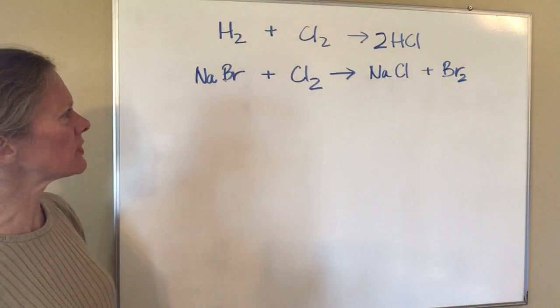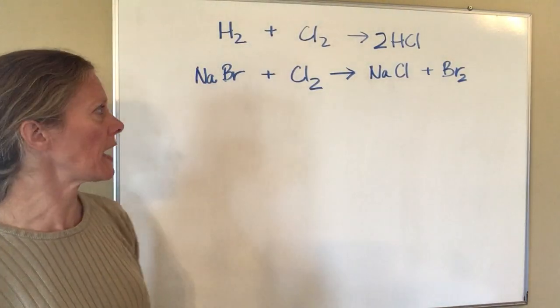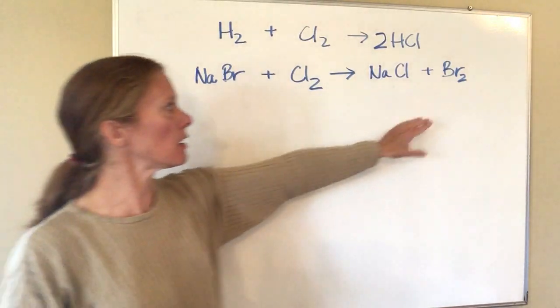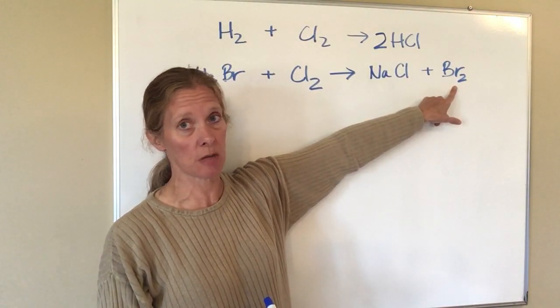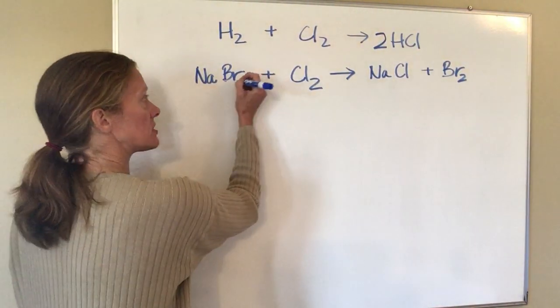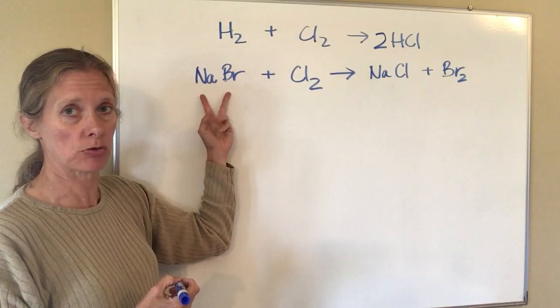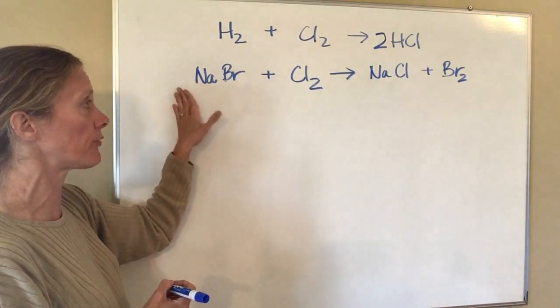So now when I look at this, my sodium looks like it's okay, but my bromine is not, because I have 1 bromine here and I have 2 bromines on this side. Now remember, I can't change the subscripts. I can't go in and just stick a 2 down here, because if I do that, then the charges in this compound no longer balance. The only thing I'm allowed to do at this point is put numbers in the front.